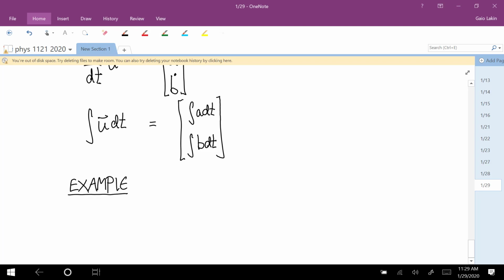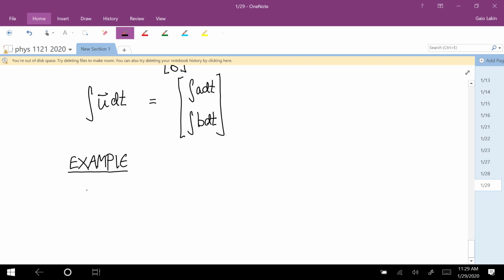Okay, so let's say that we have a vector u that's a function of time. And let's say that the x component is 5t and the y component is negative 2t squared.